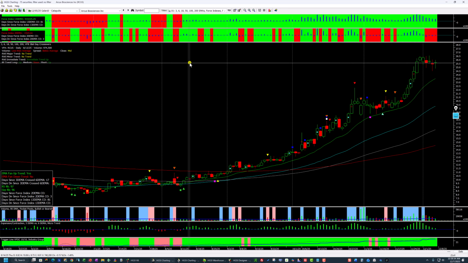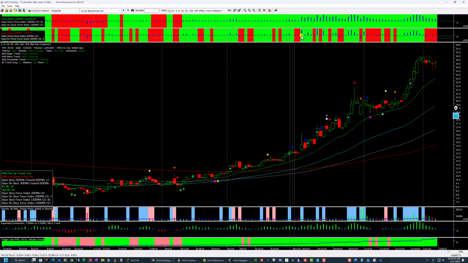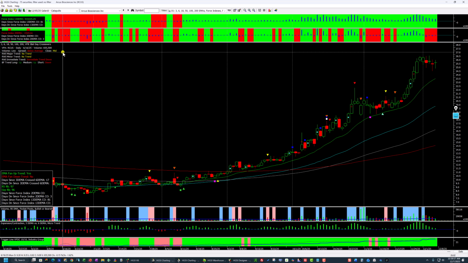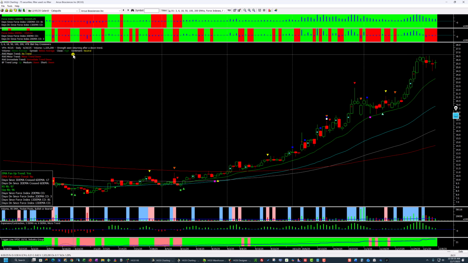And then it's had this really spectacular long run on the 13-day. Now back here, the 13-day was weak, and you can see that the price was below the moving averages. And here the 2 turned positive based upon a 2-day average of the force index, but the 13 stayed negative. So you would ignore that signal.